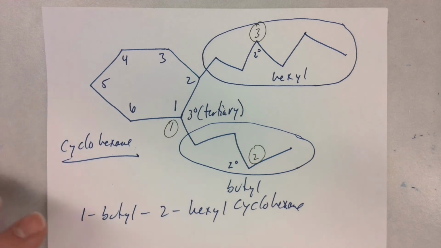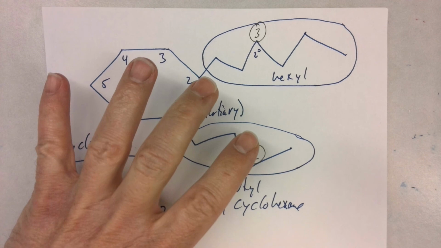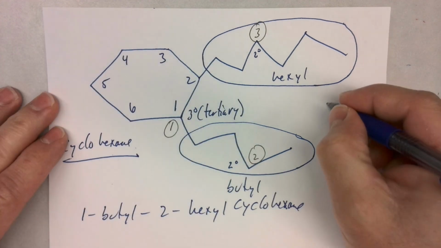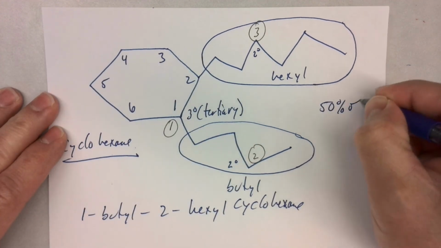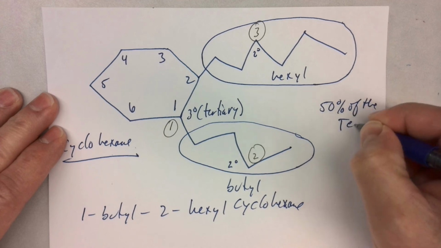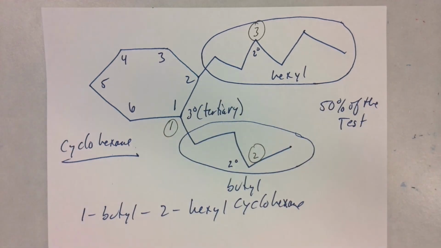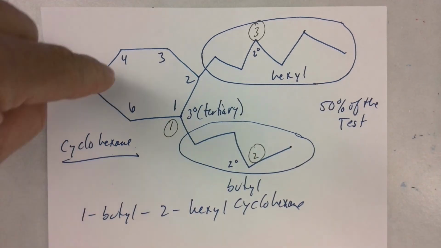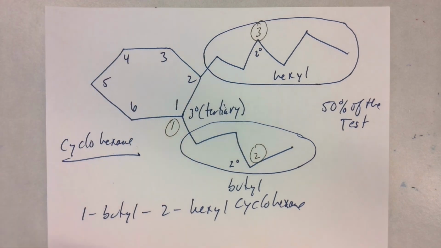Yeah. Now, that question is 50% of the test. Right there. There are 15 naming compounds. There are 10 what kind of carbon is it? That's 25. Actually more because I deleted one of the questions. There are only 49 questions on the test.